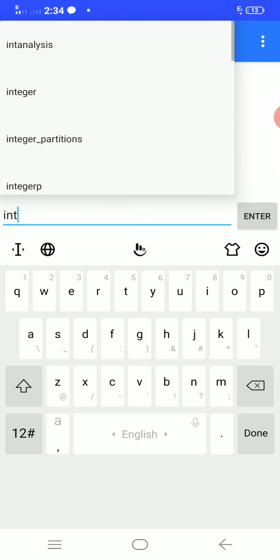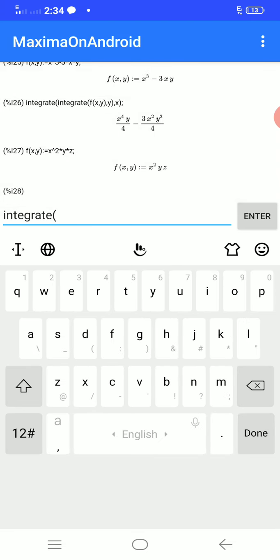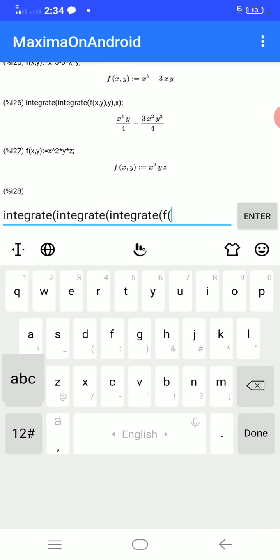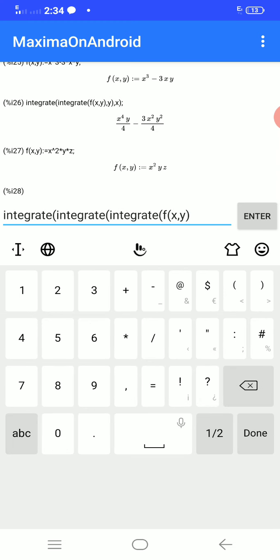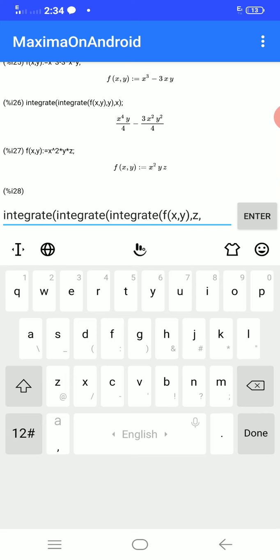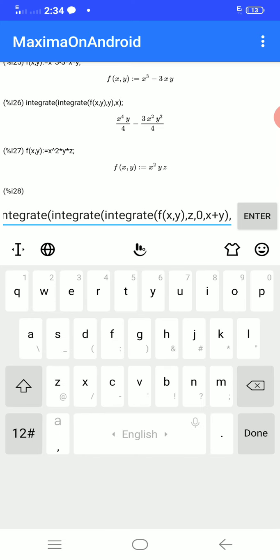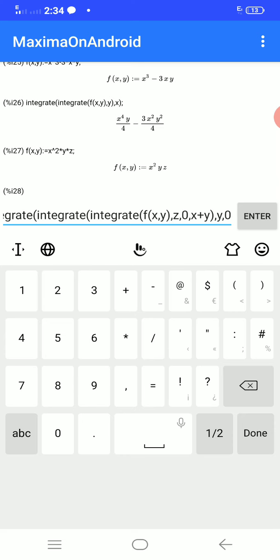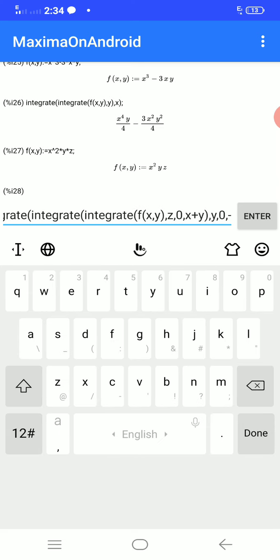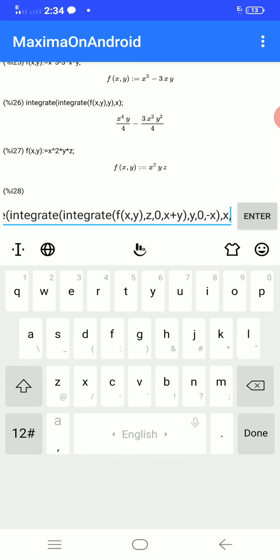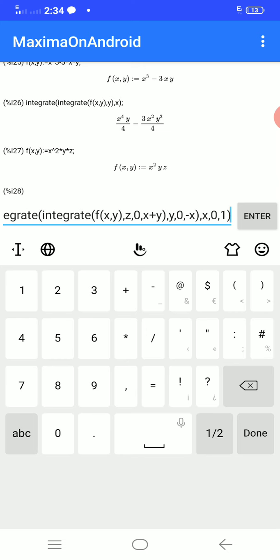Next, triple integrate. So we use the syntax integrate of, again integrate of, again integrate of function f of x, y with respect to z, where z varies from 0 to x plus y, then with respect to y, where y varies from 0 to minus x, then with respect to x, where x varies from 0 to 1, then enter.